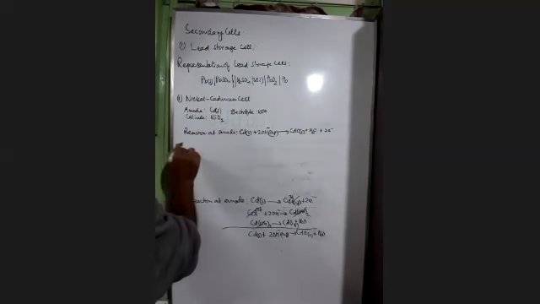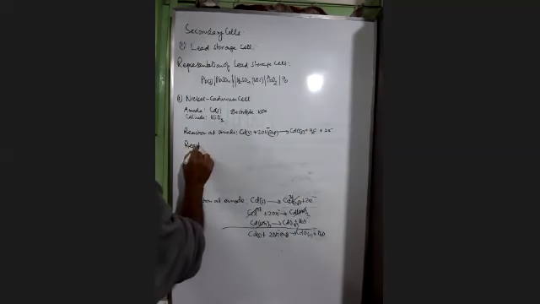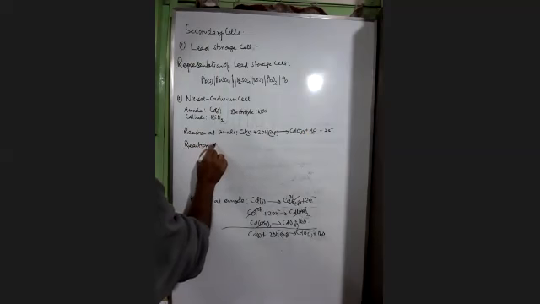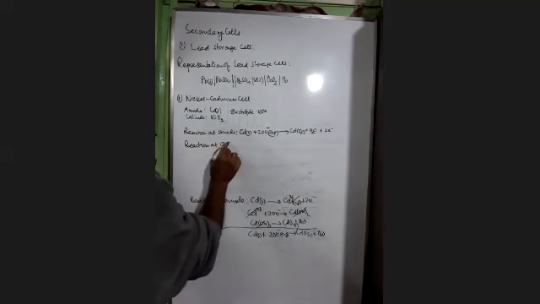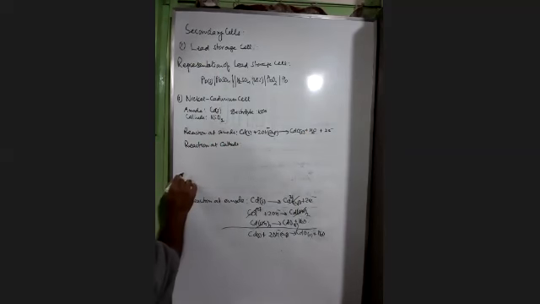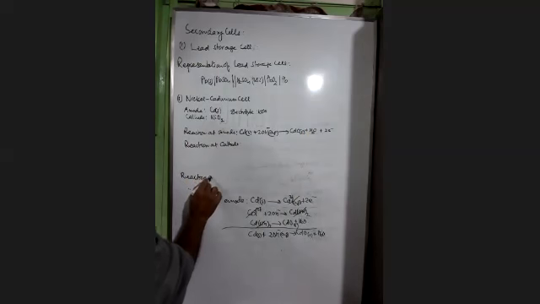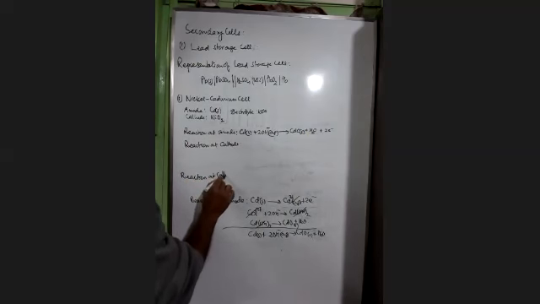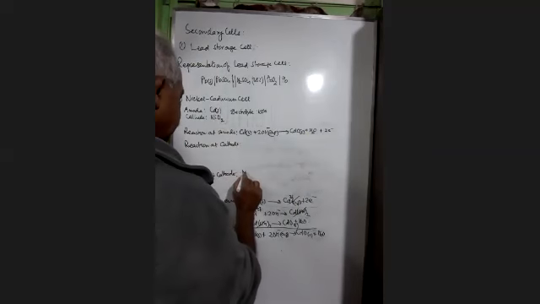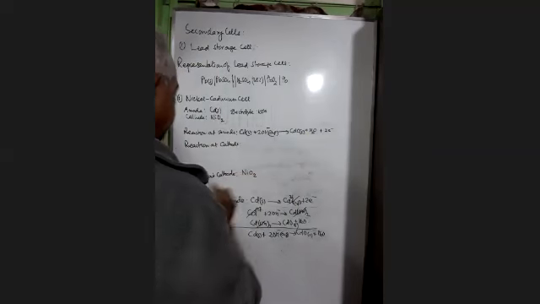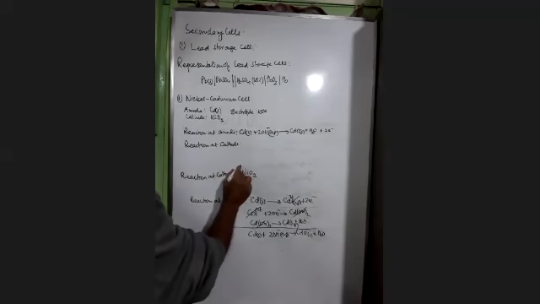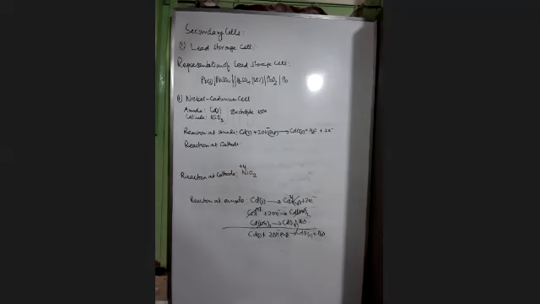Then reaction at cathode. Okay. So here I'm writing reaction at cathode. This is my rough. What is this? See here it is plus 4. Okay.